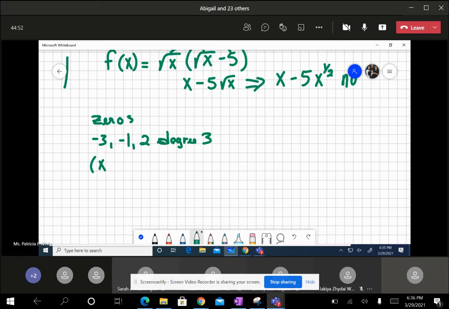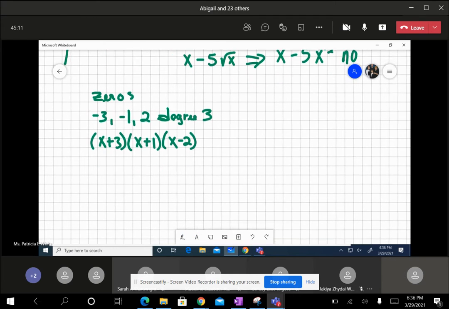We have x plus 3 from that negative 3 and x plus 1 from that negative 1 and x minus 2, right? Now all I got to do is start foiling it all out.